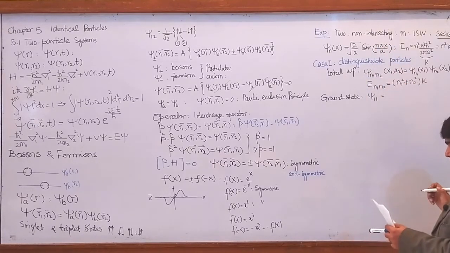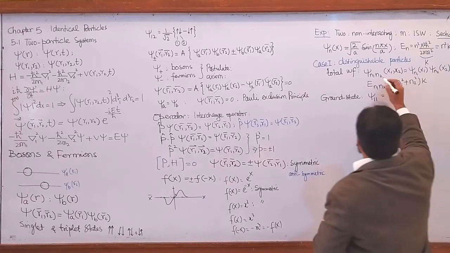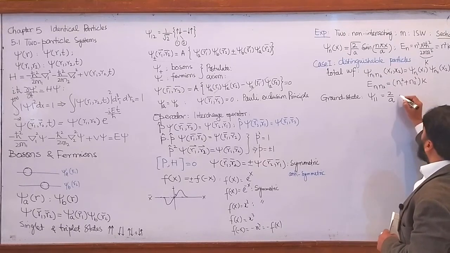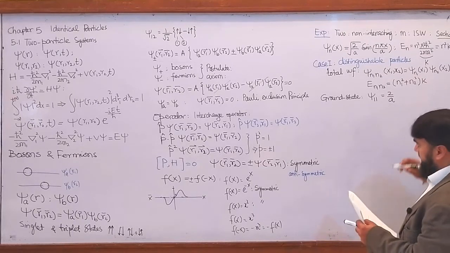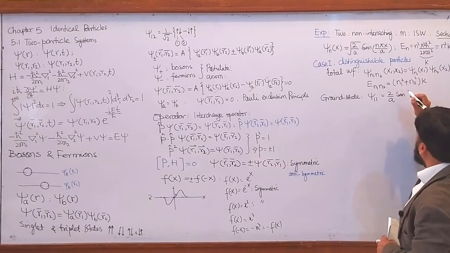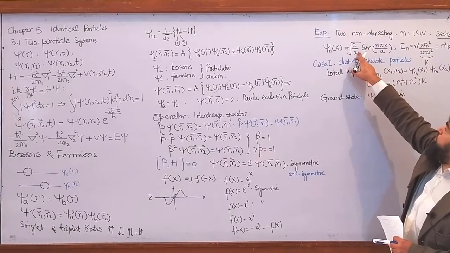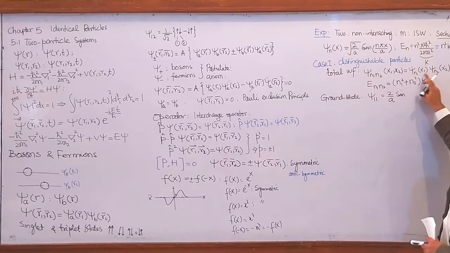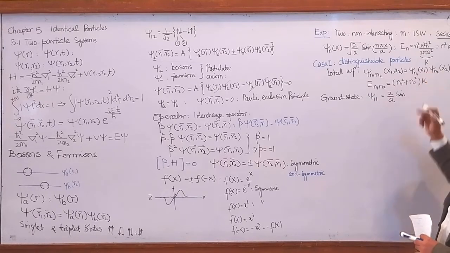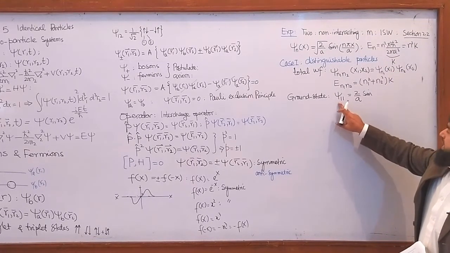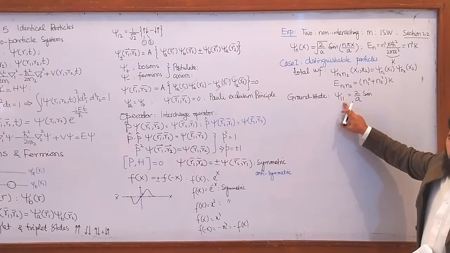So I can write that this is square root of 2 over a, and another square root of 2 over a from the second, because both are being multiplied. So here n1 is 1, n2 is 1.